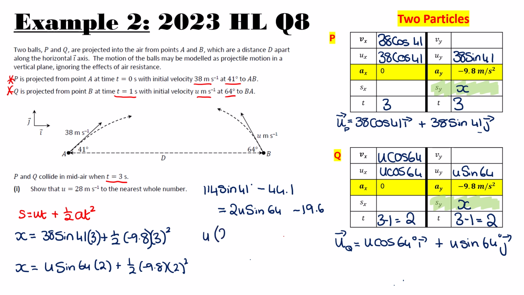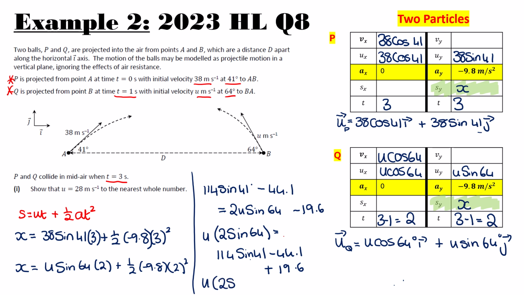So u is multiplied by 2 sin 64, and that's going to equal 114 sin 41 minus 44.1 plus 19.6. So that's going to give us u times 2 sin 64 equals, and it's about 77.9625. We're going to divide that then by 2 sin 64.